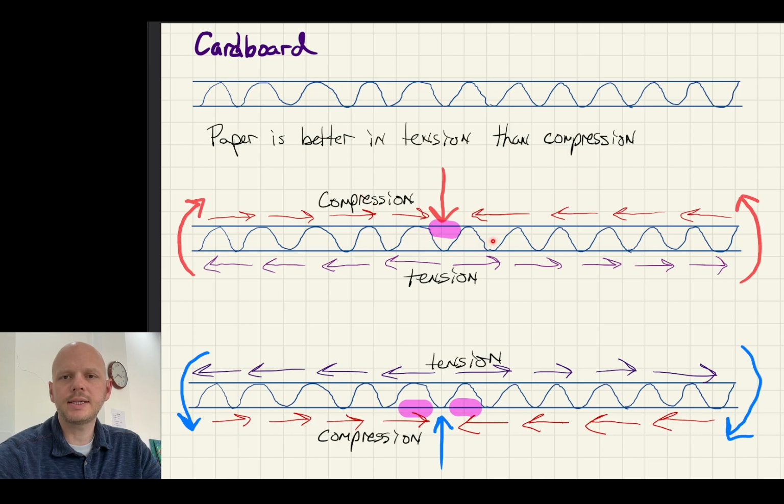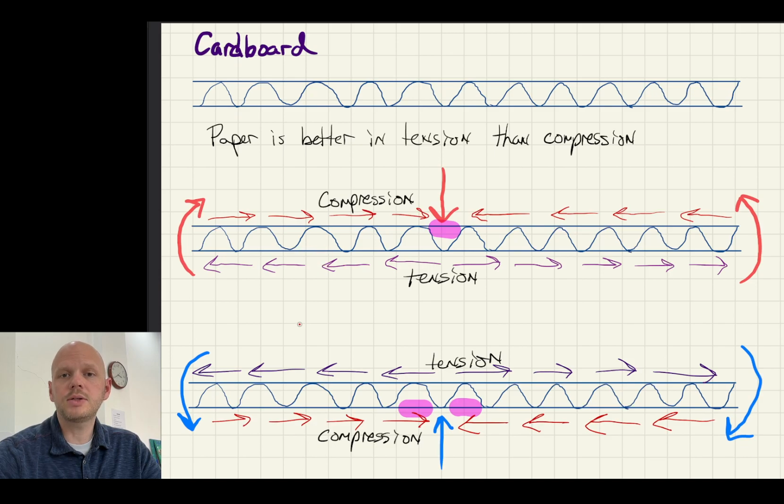And if it tries to dip, then that top layer is actually getting smushed together, and that's what these red arrows are. You can see that this top layer of paper is going to be in compression as this piece of cardboard tries to bend this way with a weight there in the middle. And that means that the bottom is in tension.